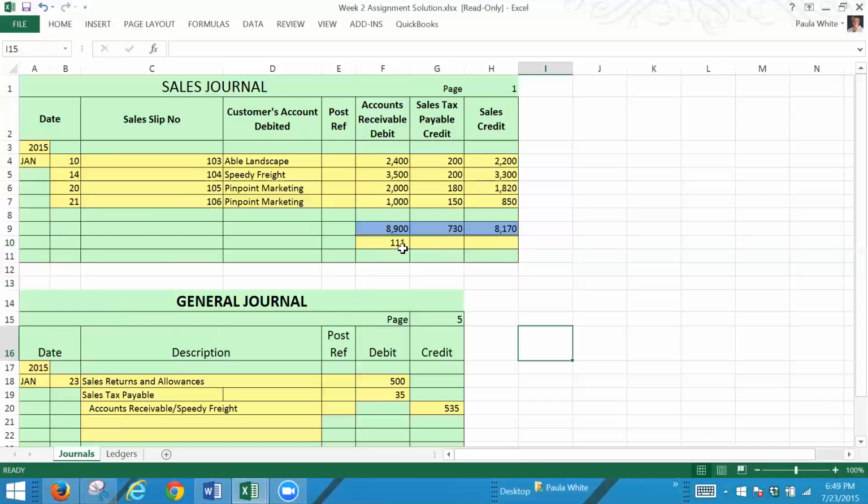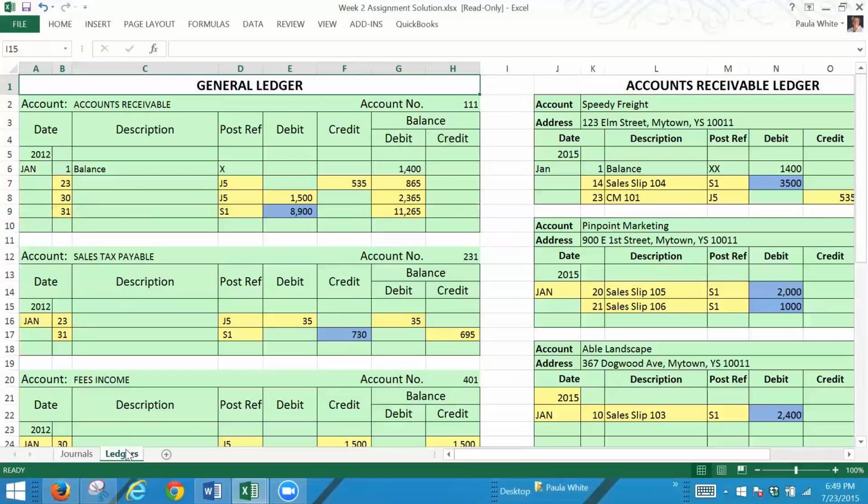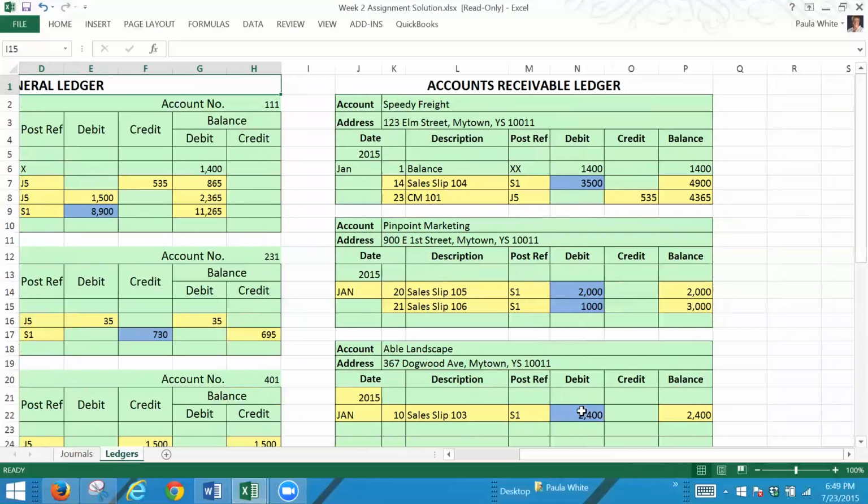Now, what happens when you post these detail numbers, this 2,400, to the AR ledger? So here we had 2,400. It's Able Landscaping. So, and it should tie in with account 111, right?